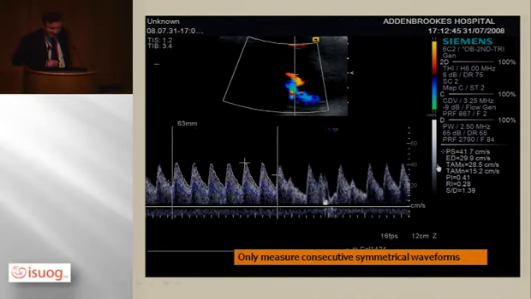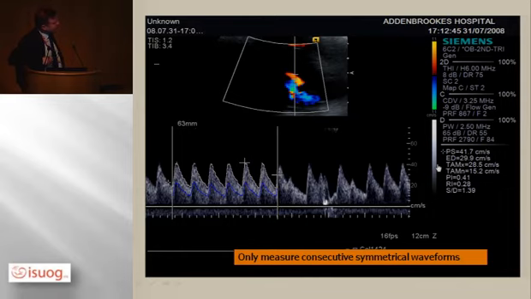And if we're going to measure, as we often will be, you will often have breathing movements if you're measuring the umbilical artery, middle cerebral artery, ductus venosus, and vessels close to the heart. We, as a convention, will of course measure consecutive symmetrical waveforms, and as a convention, in most of the papers on Doppler, or many of them at least, you will see that authors have said we measured three consecutive similar waveforms.